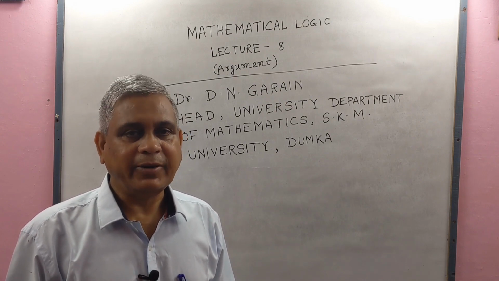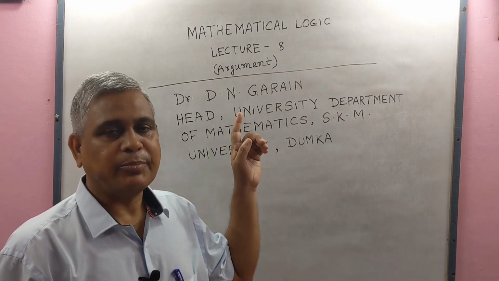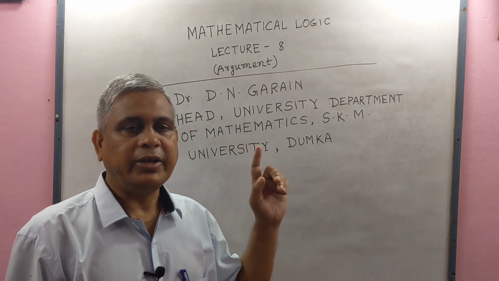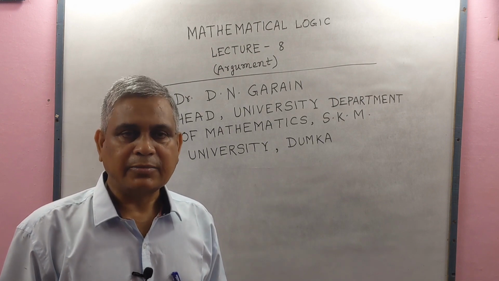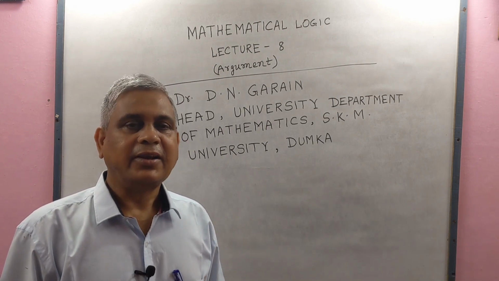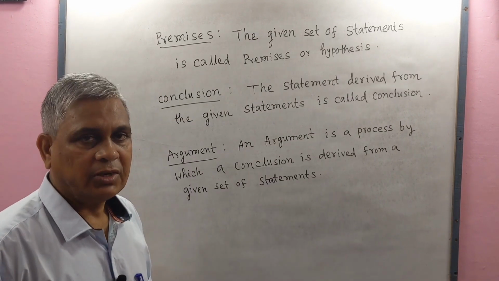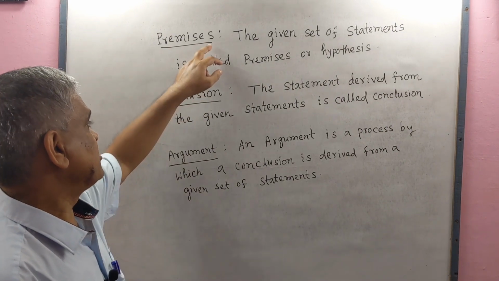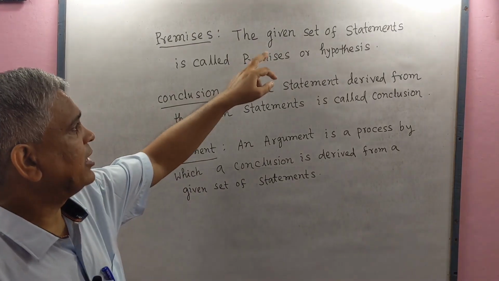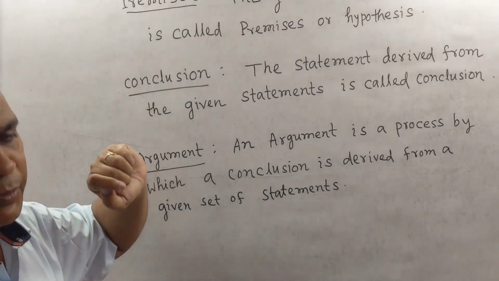Today I will deliver lecture on mathematical logic, lecture number 8, which will include the terms premises, argument and conclusions. Now we define premises. The given set of statements is called premises or hypothesis.